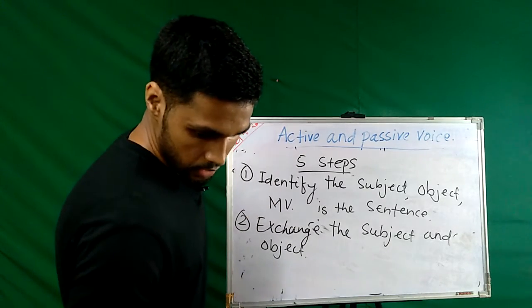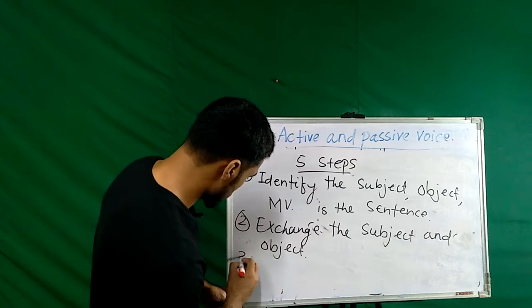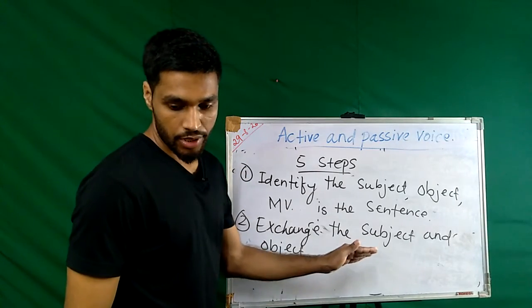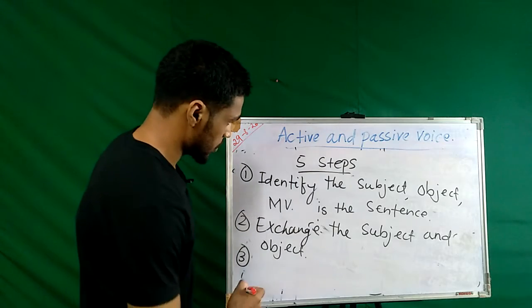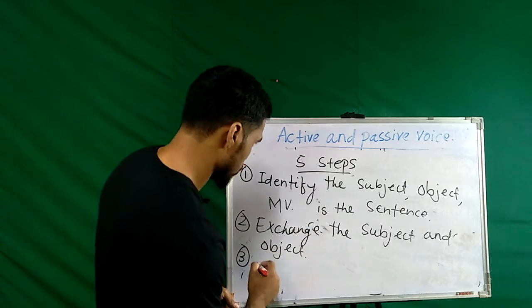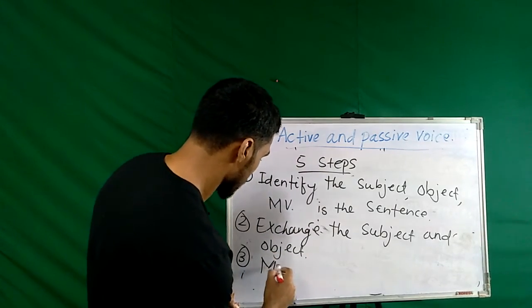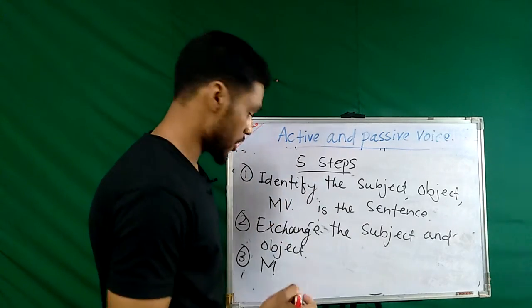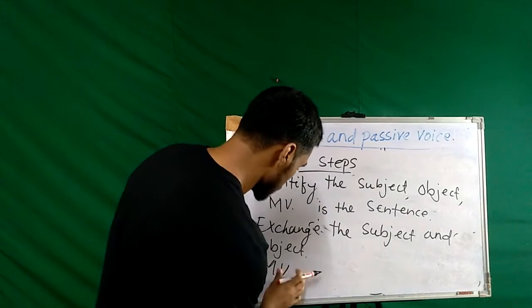And the third step is convert the main verb in third form of verb. The main verb that is given, we have to convert it into the third form of verb, that is, into the participle.